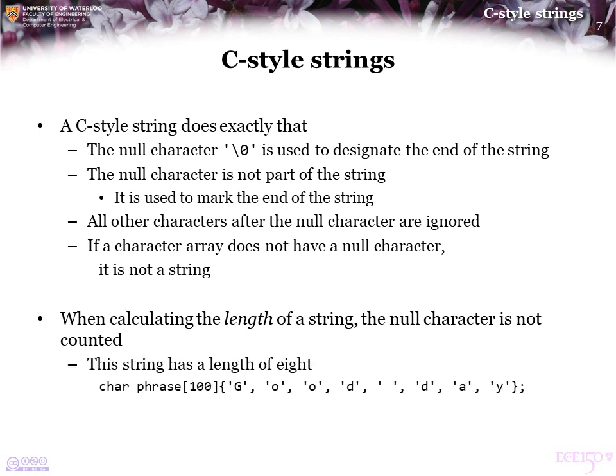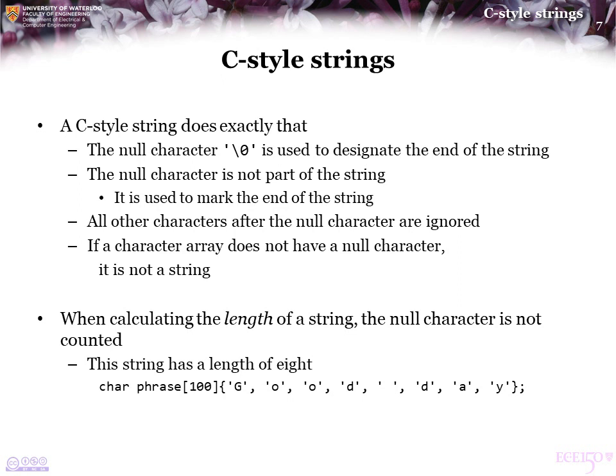Now, this is interesting. Remember that the default value of a character is the null character. So when the character array phrase is initialized, the first 8 characters are initialized to the phrase good day, but the character at index 8, the 9th character in the character array, and all other characters are initialized to the default value of a character, which is the null character.